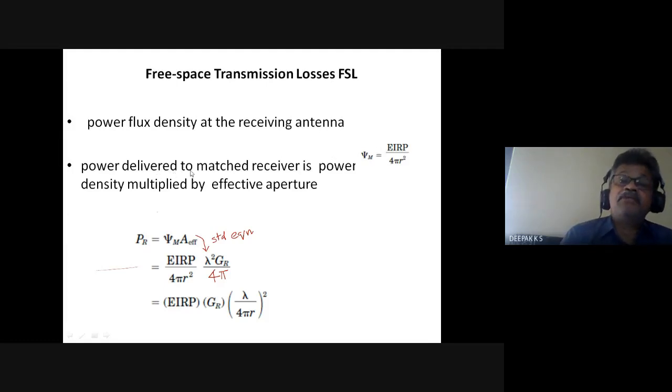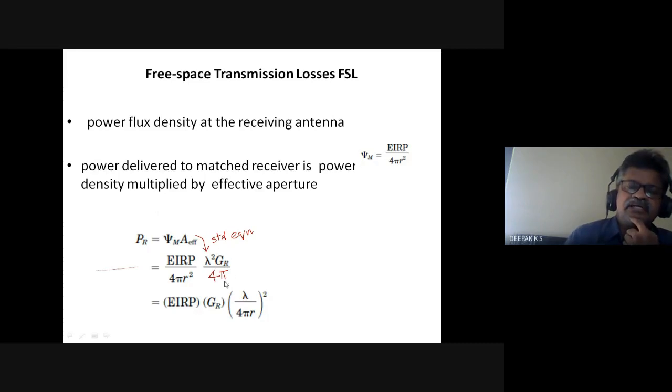Now the power delivered to a matched receiver. At the receiver, what is the received power? That would be this power flux density into the effective aperture. The power delivered to a matched receiver is the power density given by this multiplied by the effective aperture, which has a standard equation. In the book, this denominator is missing.